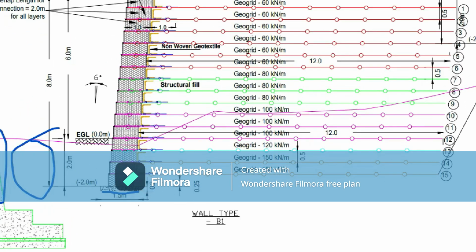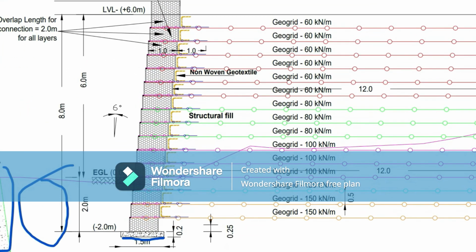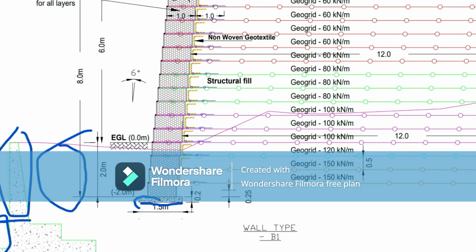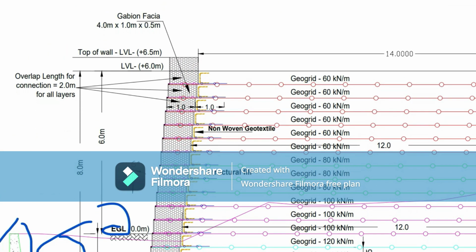We will start here. At first, above the track level but below the existing ground level, they provided a rigid foundation, 1.5 meters wide and 0.2 meters in height.